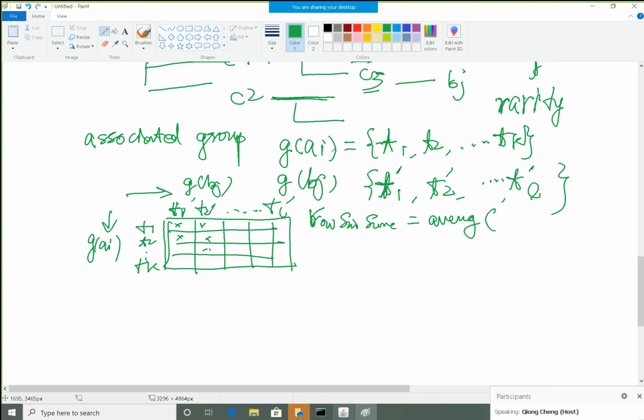Corresponding to the average of the sequence similarity of Ti with any vertex T prime belonging to GBJ, right? Can you see?